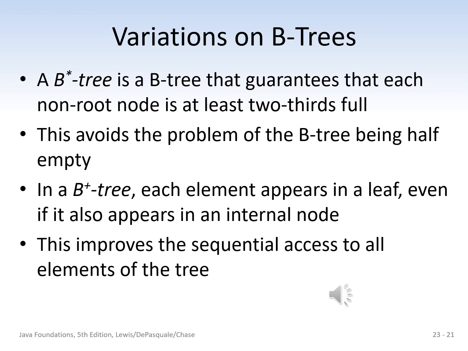And in a B plus tree, each element appears in a leaf, even if it also appears in an internal node. So this improves the sequential access to all the elements of the tree. And once again, I urge you to watch that video so I don't have to spend any more time talking about these variations. It's just a phenomenal video.